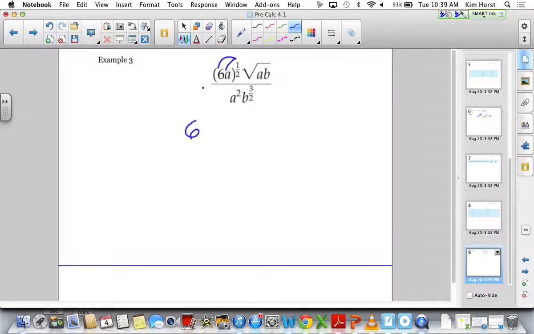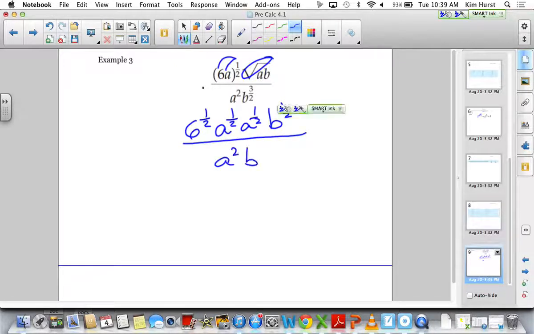So I'm going to go 6 to the 1/2, a to the 1/2, okay? And then the radical symbol also represents 1/2, so I have a to the 1/2, b to the 1/2, okay? All over a squared, b to the 3 over 2.